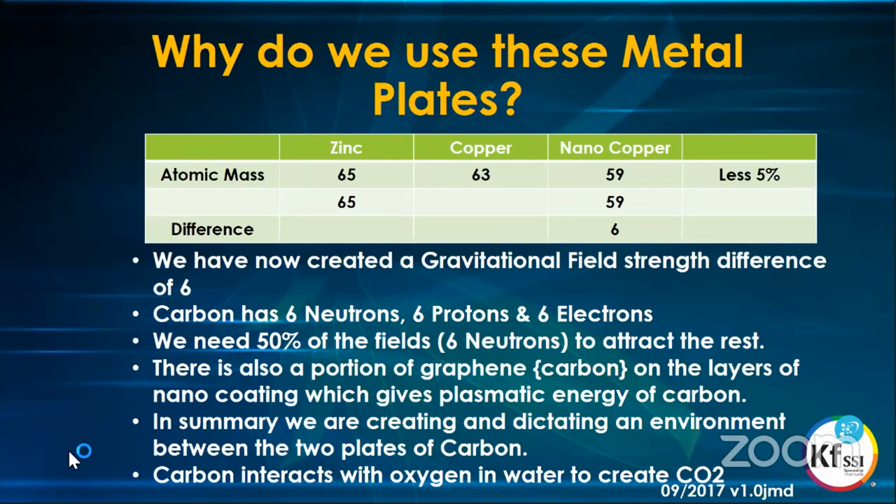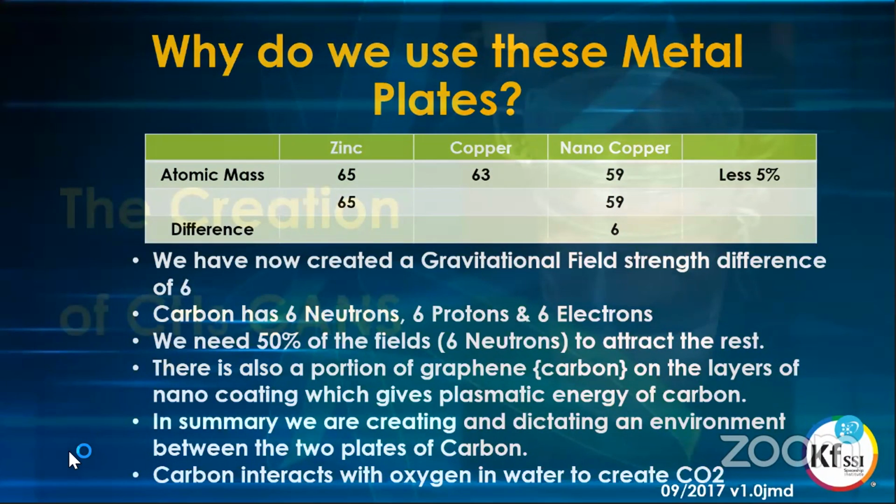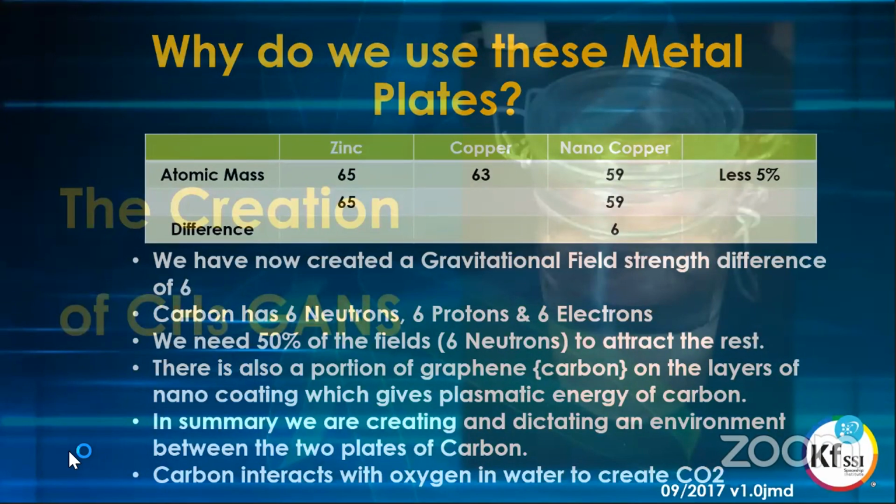I remember Sundar went through quite a lot of detail on this in the previous workshops, so I won't go into too much of that now, but it's about understanding what condition we're creating in our box. So that was our CO2.